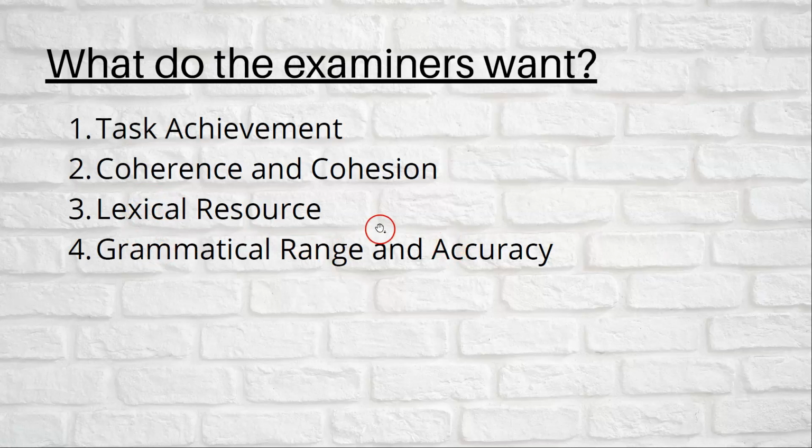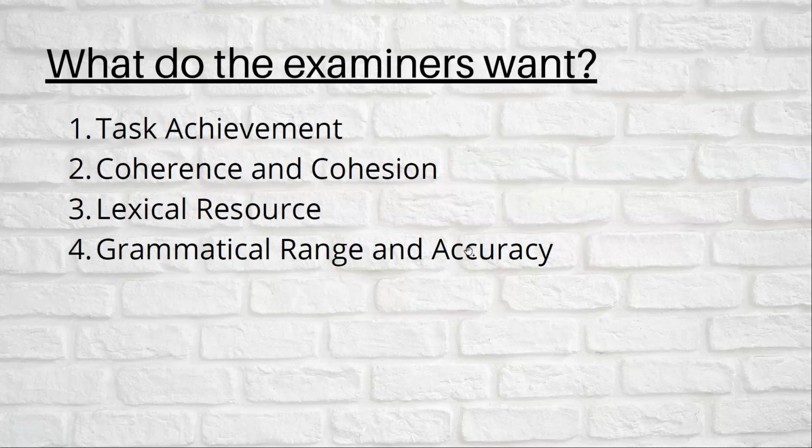Grammatical range and accuracy. So there are two things in grammar. One is range and one is accuracy. Grammatical accuracy means how accurate is your grammar. That means, is your sentence formation proper? Are your tenses proper? Is the subject-verb agreement fine?